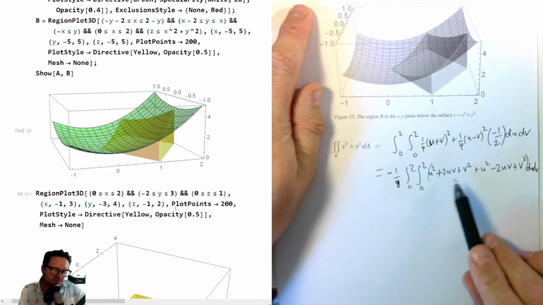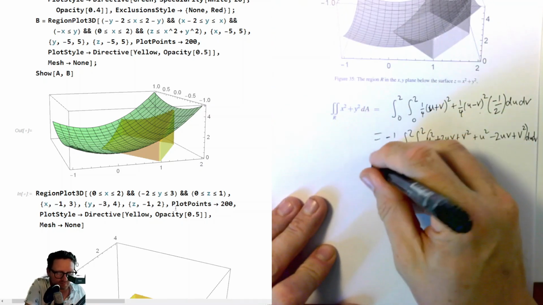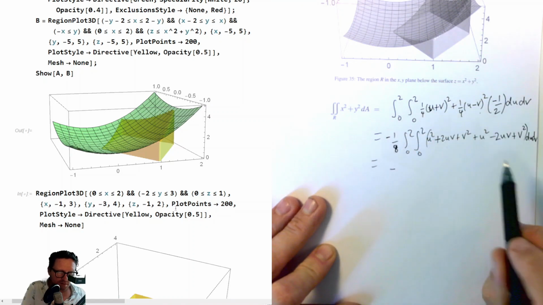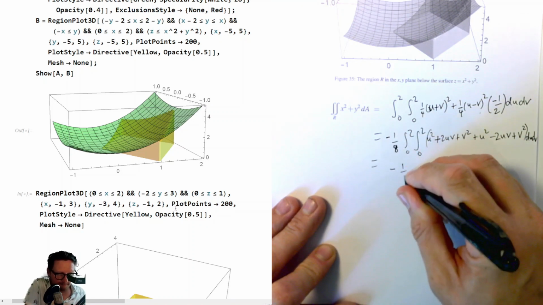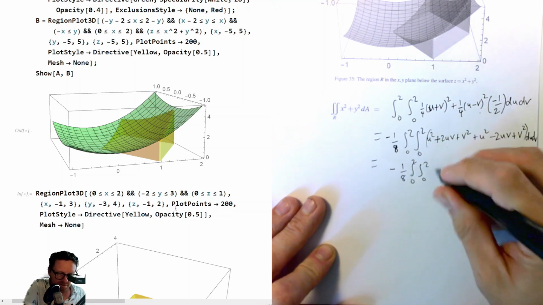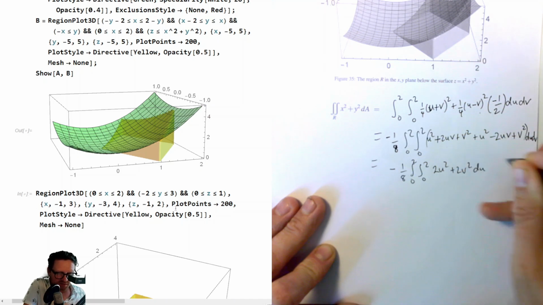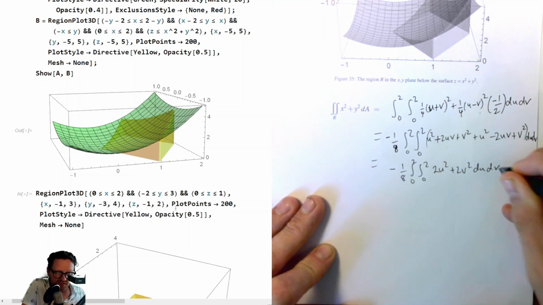Okay, so now let's collect like terms. We can see that these two vanish. And so we've got 2u squared plus 2v squared du dv.